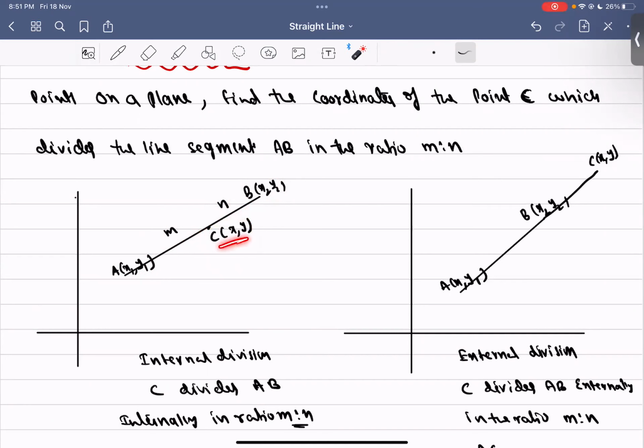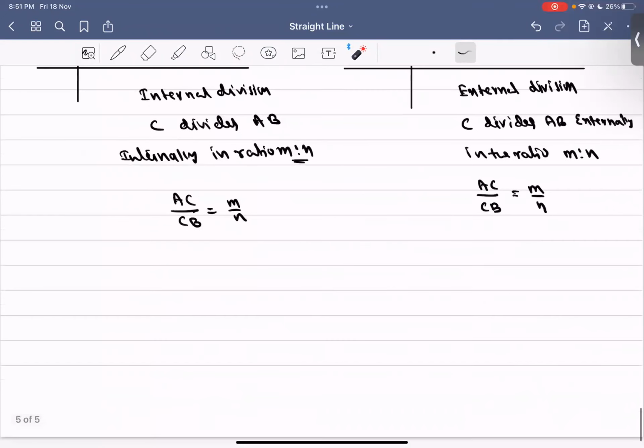The point which divides the given points internally in the ratio m is to n, how to find the coordinates of C? We will see. For that I will take one diagram.